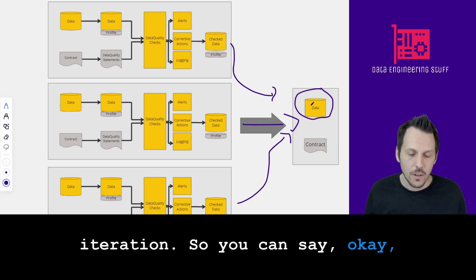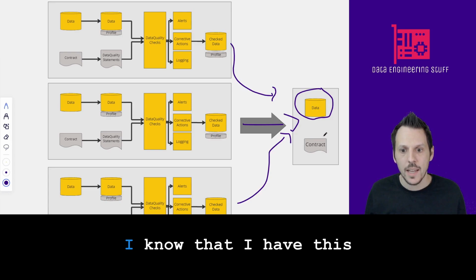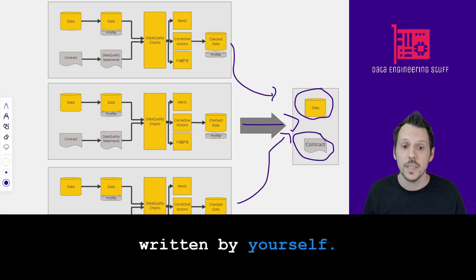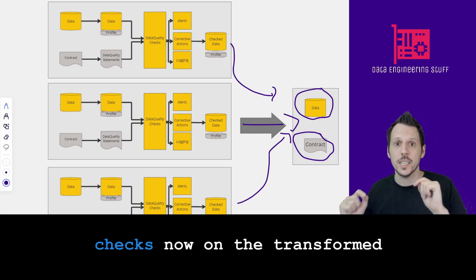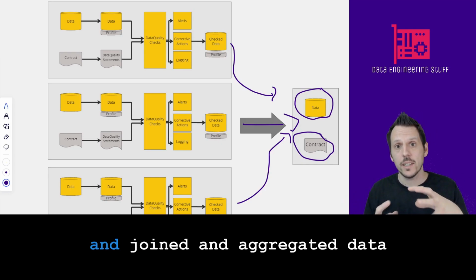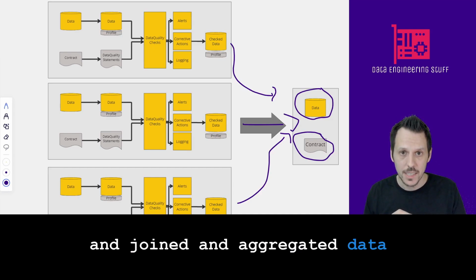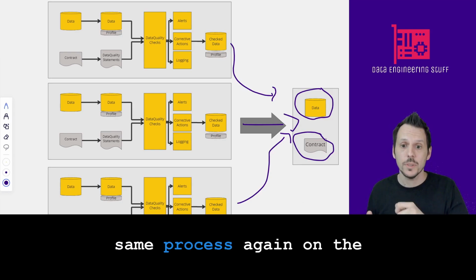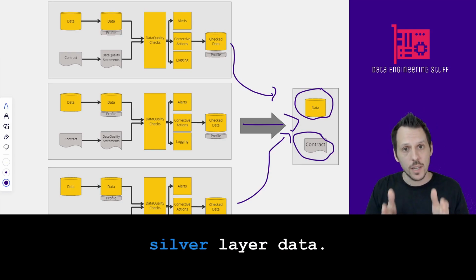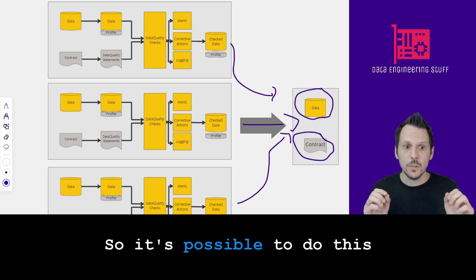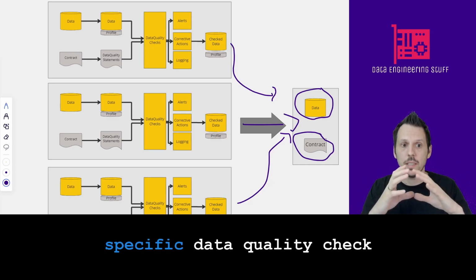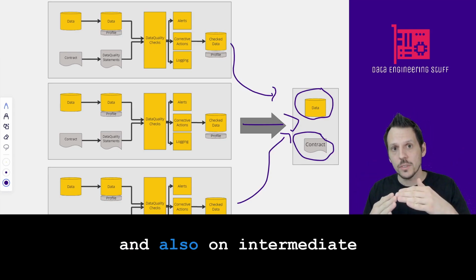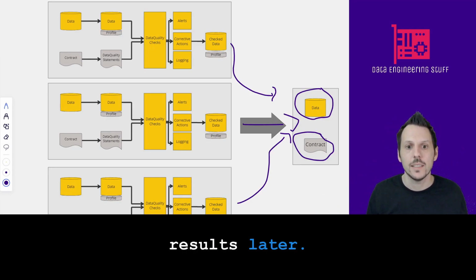So you can say, okay, for this data, I know that I have this contract in place. This contract could be written by yourself. So you can do data quality checks now on the transformed and joined and aggregated data. And then you can go on with the same process again on the silver layer data. So it's possible to do this specific data quality check process for every data source and also on intermediate results later.